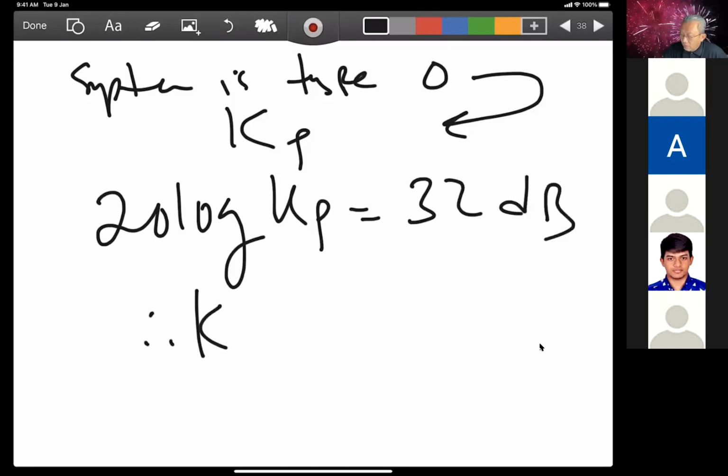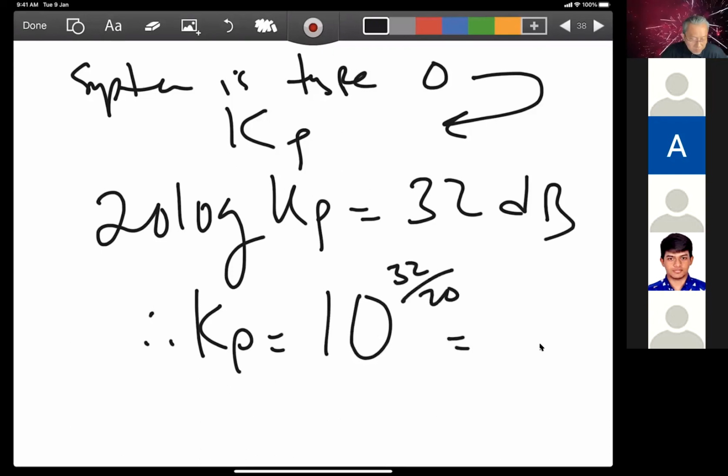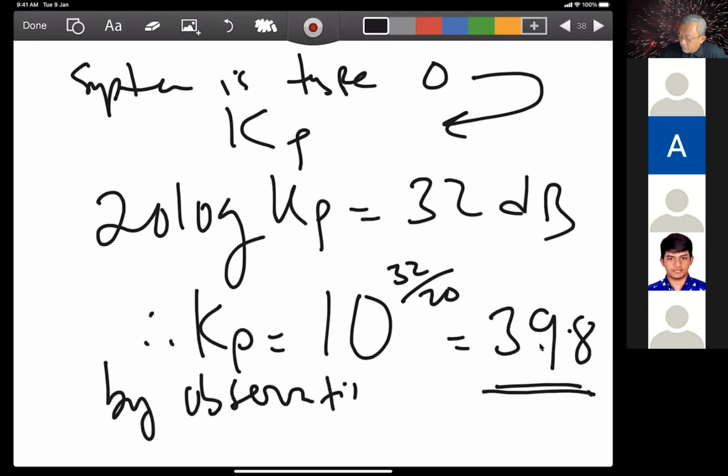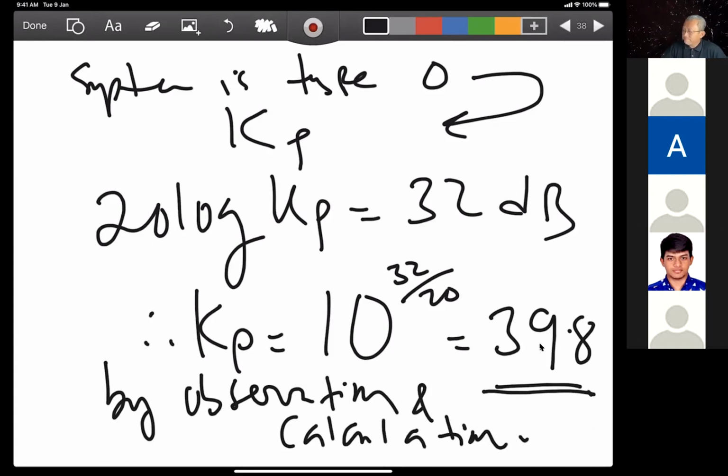So Yusuf, how to find Kp from here? Just use the calculator. 39.8, about 40. Yes, correct.